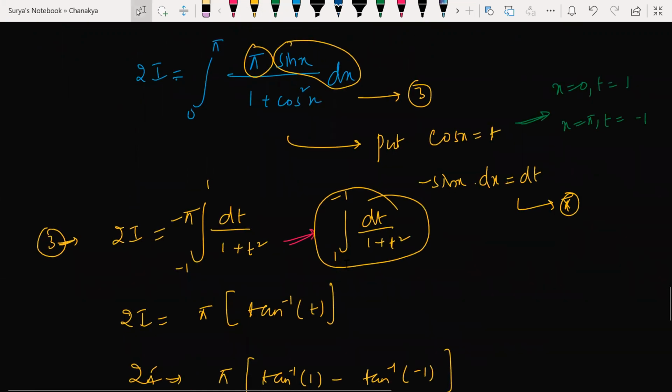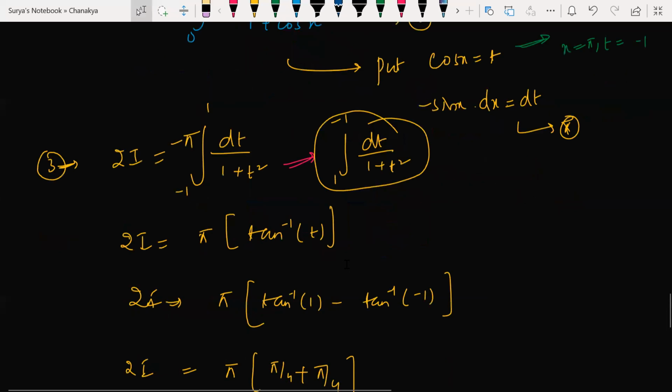So it was 1 to minus 1. After changing that, it became as what? Minus 1 to 1.